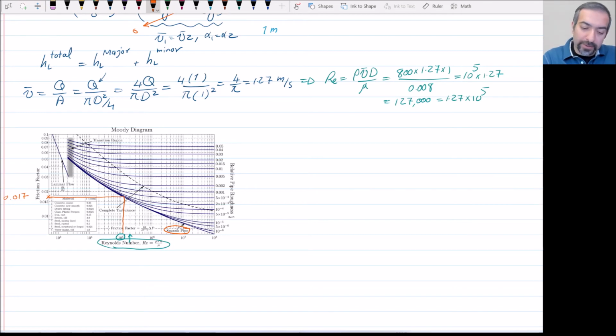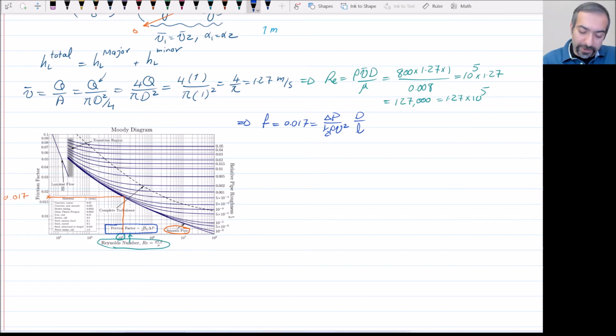Okay, so from here, we conclude that the friction factor is 0.017, and that is equal to delta P over 1/2 rho V squared times D over L. And you can basically read this from the Moody chart.